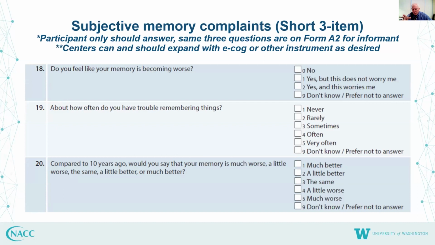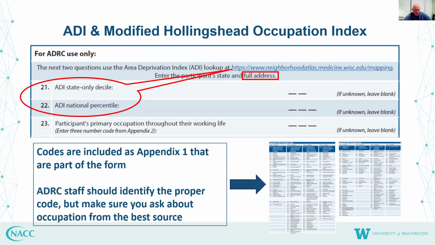Do you feel like your memory is becoming worse? There's no time frame there. It's a general question. How often do you have trouble remembering things? And then the third question actually gives us a time frame compared to 10 years ago. So please work with your participants to make sure that they understand the differences between these 3 questions.